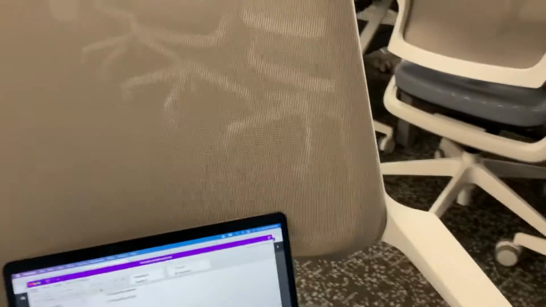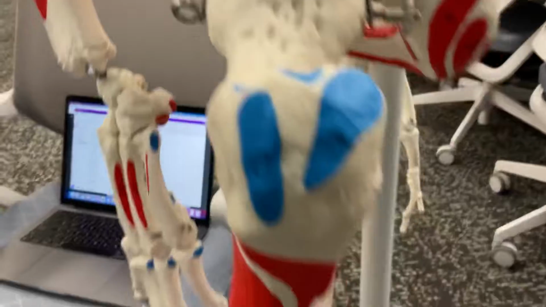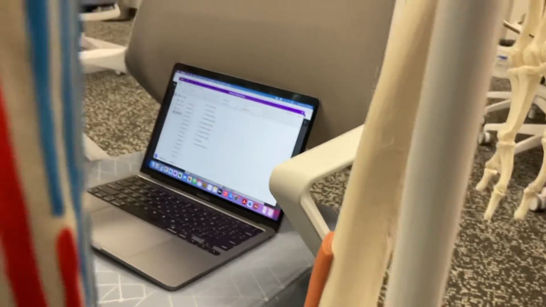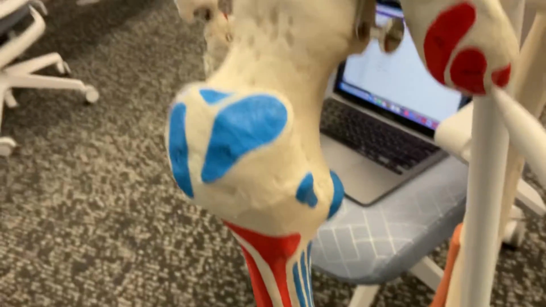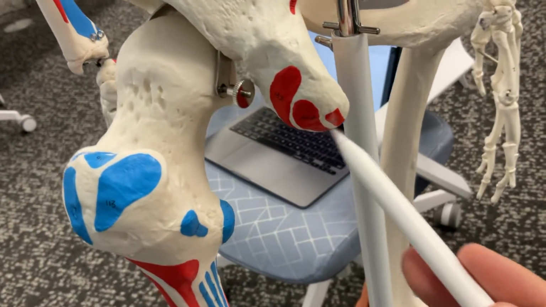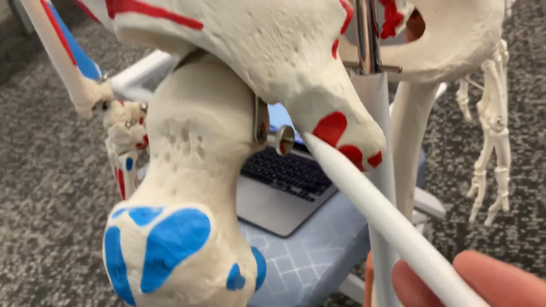And then we have 130A, which is the long head. Okay, and then 131, we have the semitendinosus muscle. 132, the semimembranosus muscle.